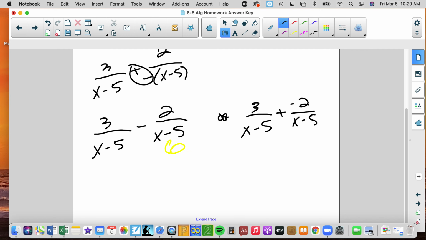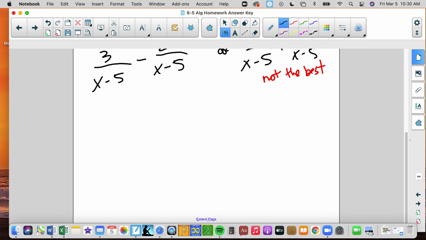This is better. We don't like double signs here. This is not as preferable as this. So we are going to combine those. So not the best, but it's correct, but it's not the best. I will never write that. I will always do the left side equation.